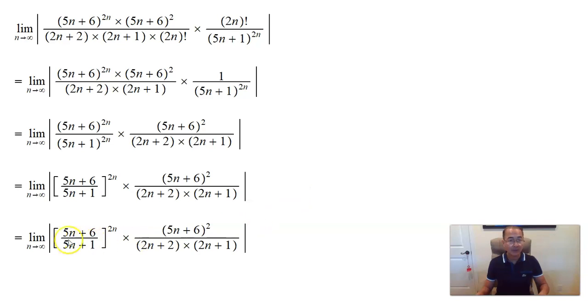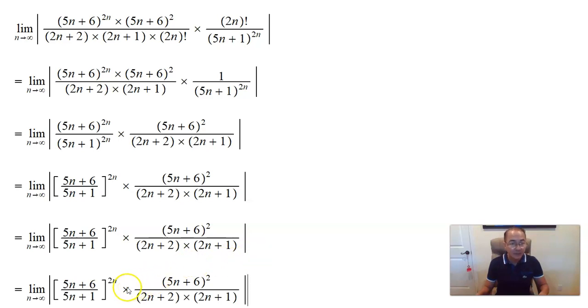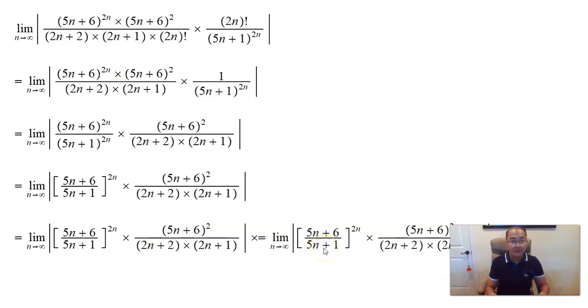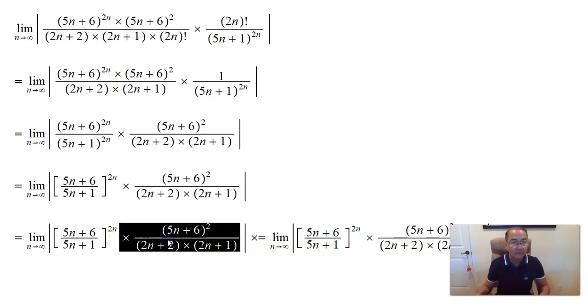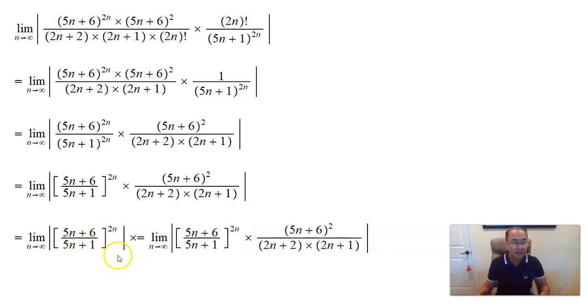So what I'm going to do is write a product of two limits. Whoops. This has to go over here. And I'm going to keep the factor on the left, and I'm going to keep the factor on the right.